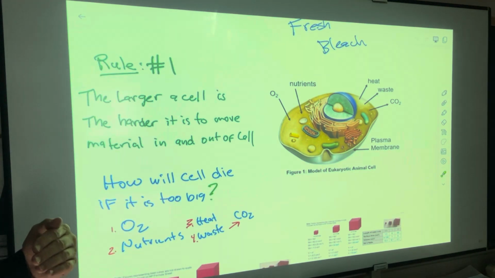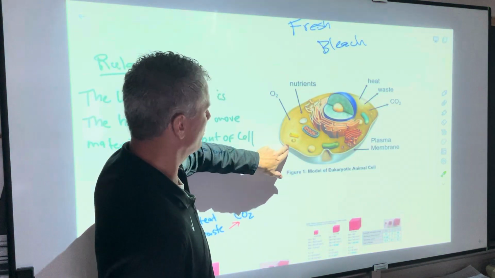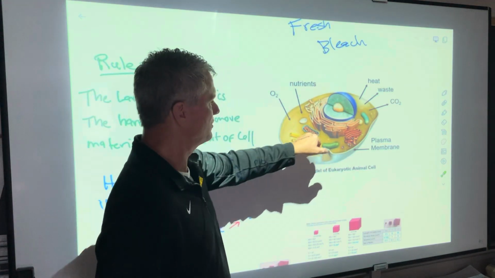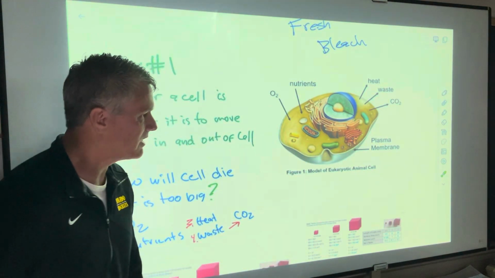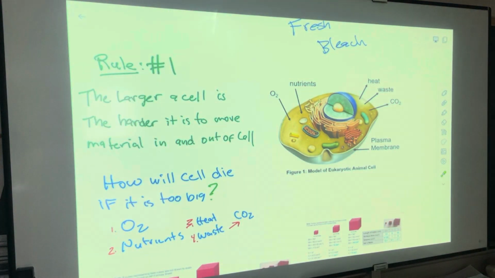And that will not work for a cell that's constantly needing material, right? So keep in mind that if there's a nutrient, it crosses into the membrane, it's got to get to the nucleus, and it's got to get there in a reasonable amount of time. And so the smaller the cell, the better it is.